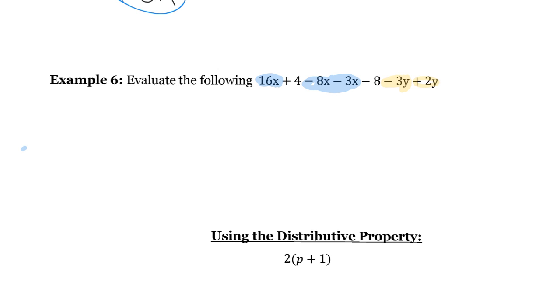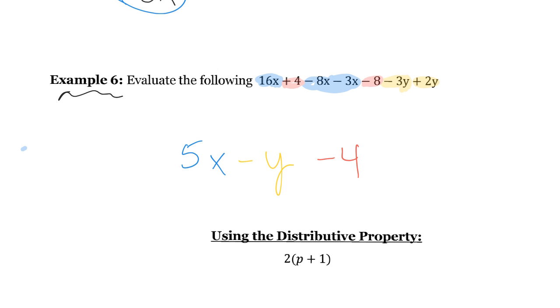So our y's are together, our x's together, and our constants together. I want you to finish the rest of this problem, and I'm just going to put the answer out here. Now that I've helped you identify the like terms, I want you to write out what you get. Okay, so hopefully you got 5x minus y minus 4.